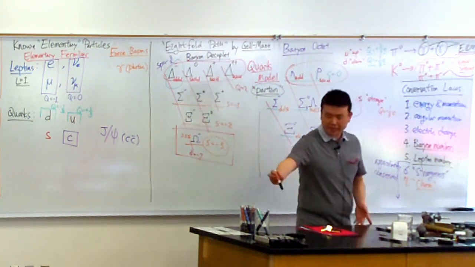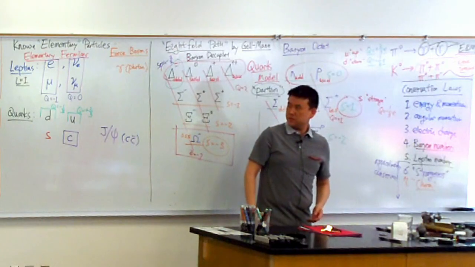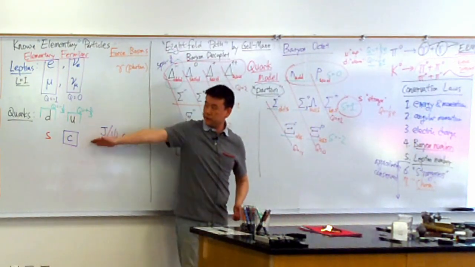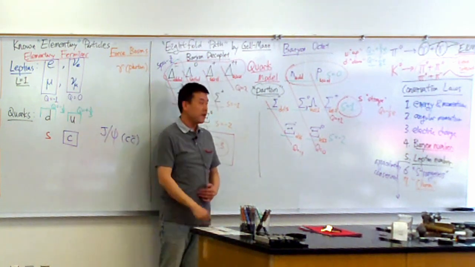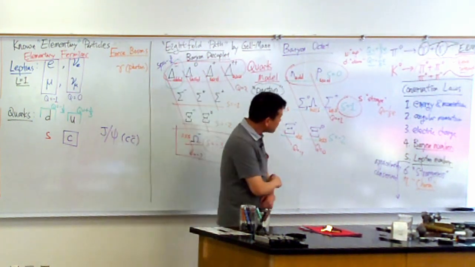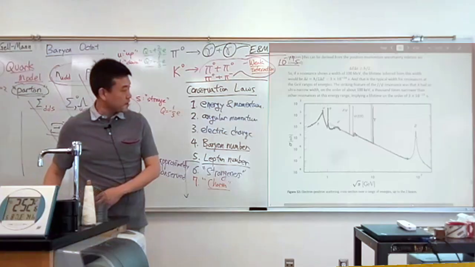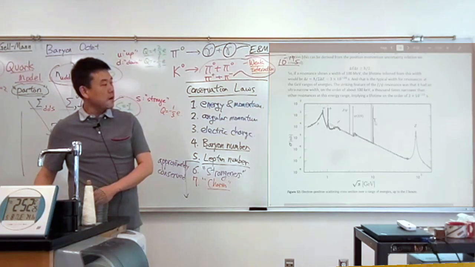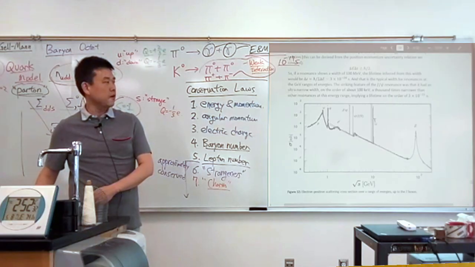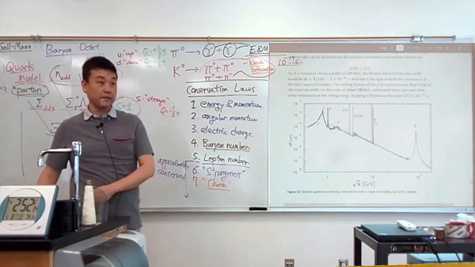So just to skip to the end, at this point we have 2 generations of leptons and quarks, and at some point somebody discovers the 3rd generation. I don't know which one comes first. I'm pretty sure this upsilon is the bound state of the bottom and anti-bottom quark.